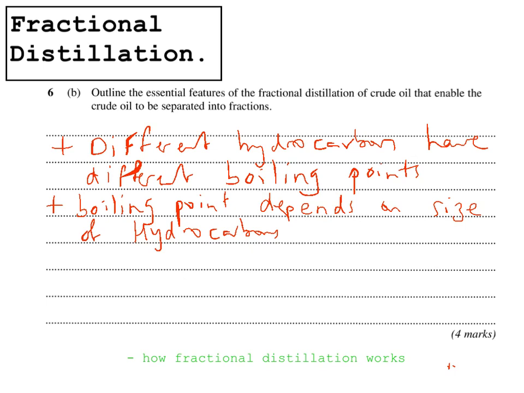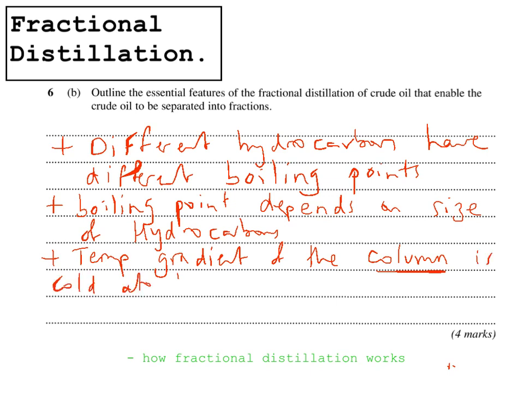And then the next step is to say what's special about the apparatus that allows those different hydrocarbons to be separated because they have different boiling points, and that's the temperature gradient. So you then say that the temperature gradient of the column, and that's important that you say that. You need to say it's the column or the tower of the column is cold at the top and hot at bottom.